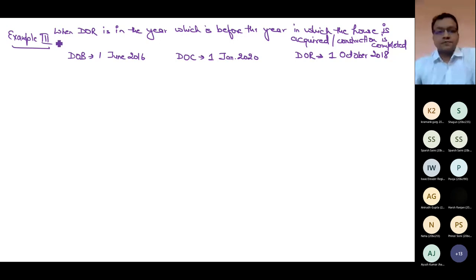So this is the third different case. The repayment date is before the year in which the house is acquired or construction is completed.